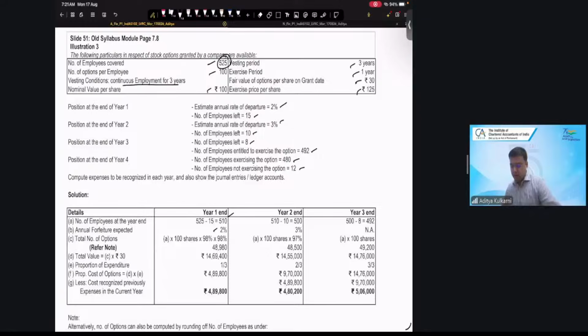So this you will multiply by 30: 14,69,400. Proportion of expenditure is one third. So first year expense 4,89,800. So 4,89,800 becomes your first year expense. Are we okay with this? Yes, Manish, any doubts?